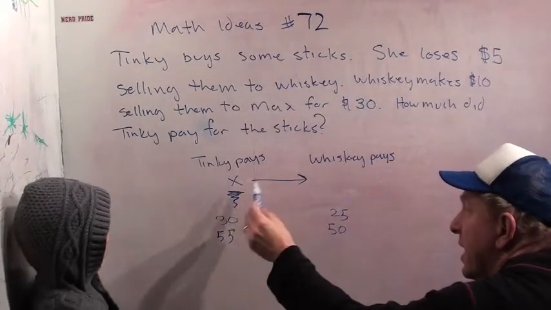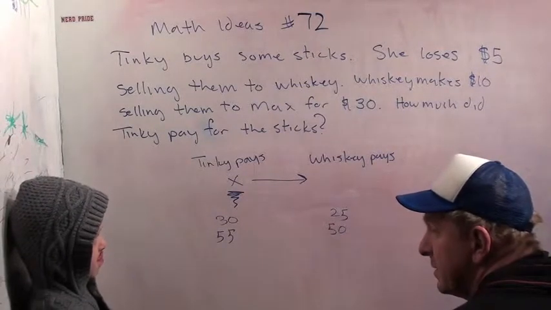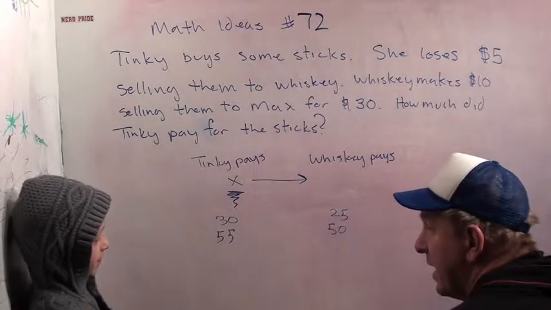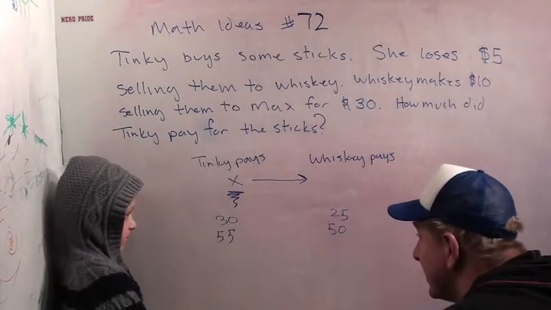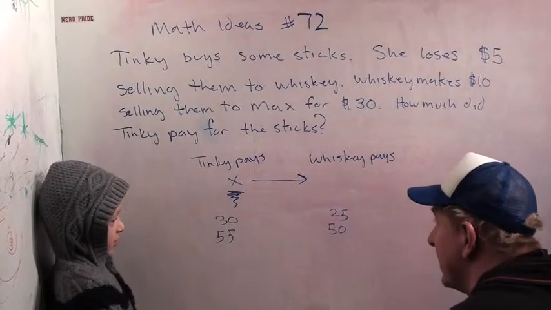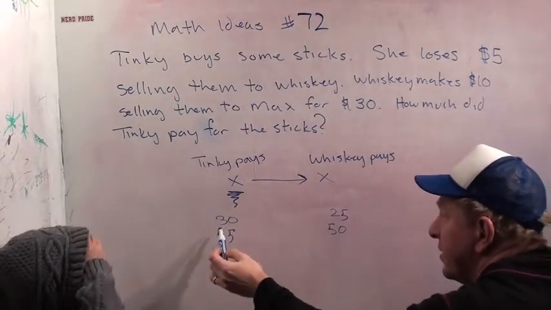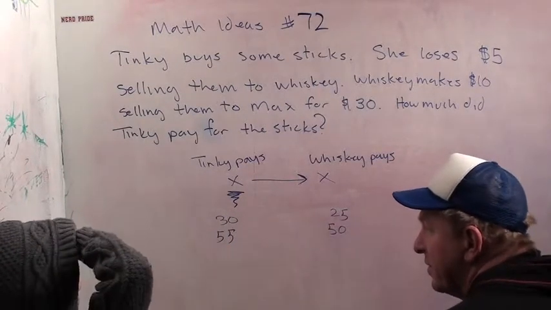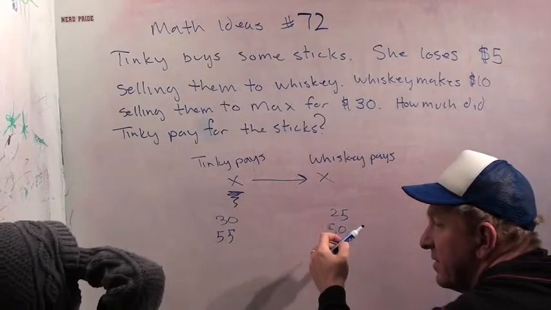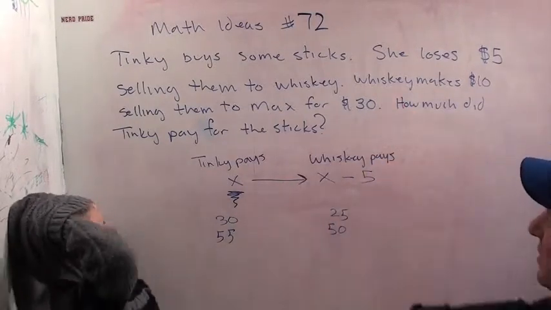So if we start out at X and we subtract 5, what do we have? X minus 5. How did we go from 30 to 25? We subtracted 5. So we do X minus 5. That's what it means when it says she loses $5.